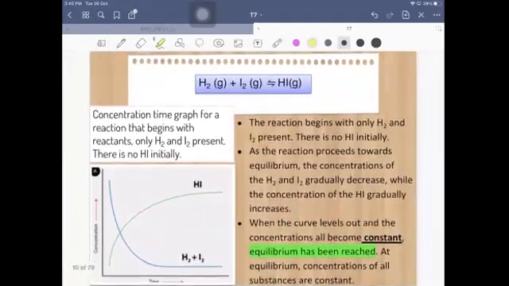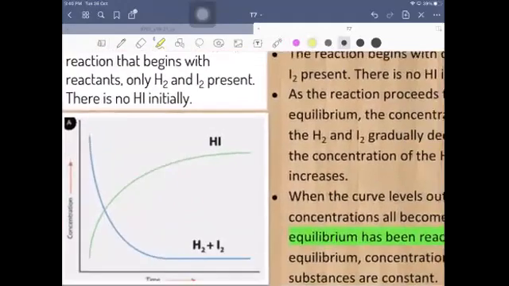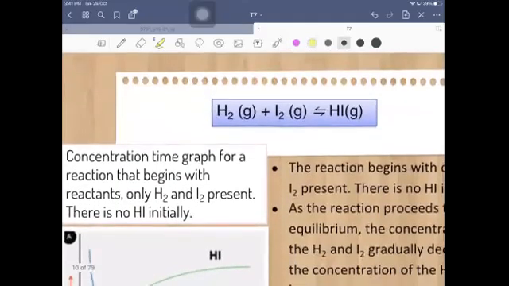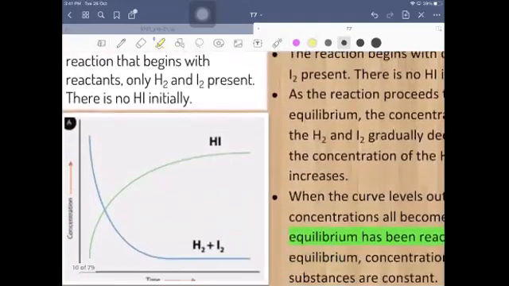This is a concentration time graph. I am sure that you have seen a concentration time graph before. It tells you how much concentration you have as the reaction proceeds. The first graph that is showing you is, if you look at the equation, hydrogen and iodine are your reactants and hydrogen iodide is your product.